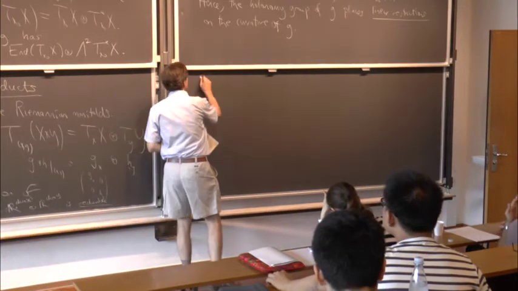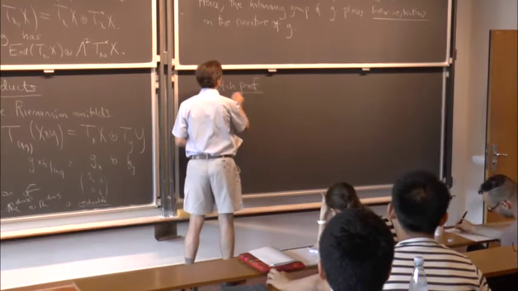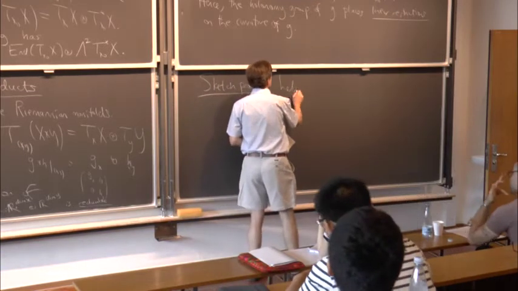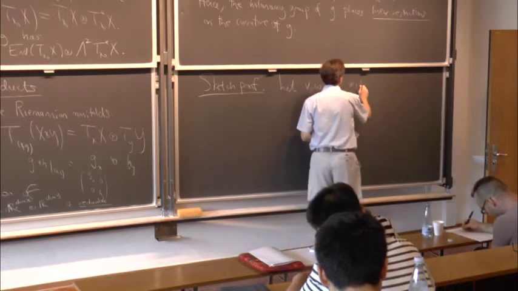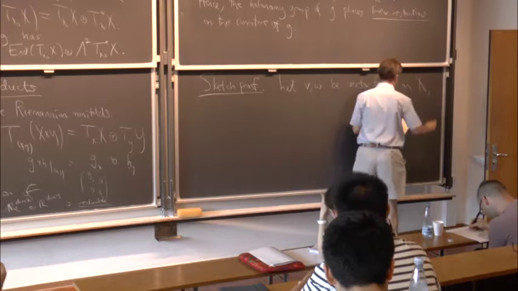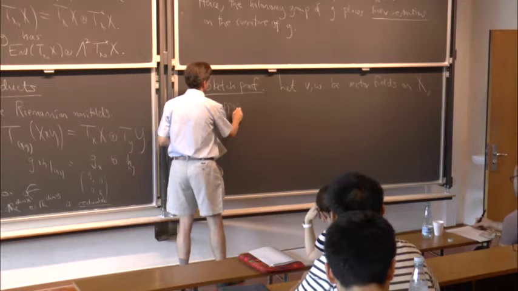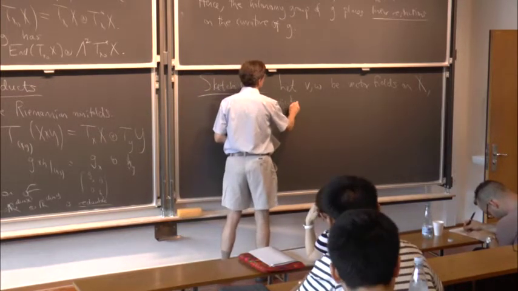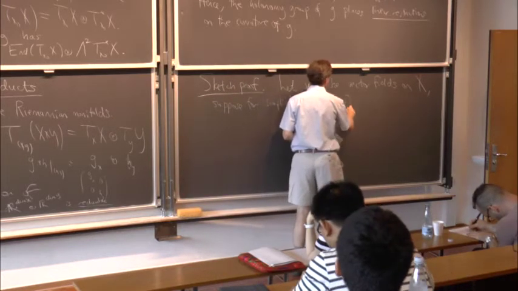Okay, so let me give you a sketch proof of this. Let V and W be vector fields on big X. And let's suppose, for simplicity, that the Lie bracket is 0.